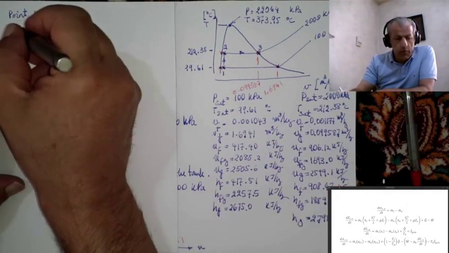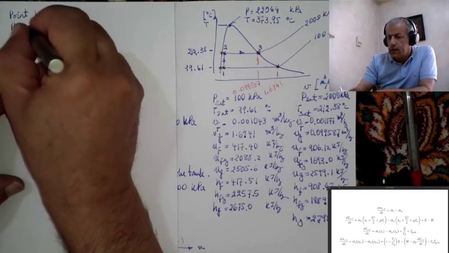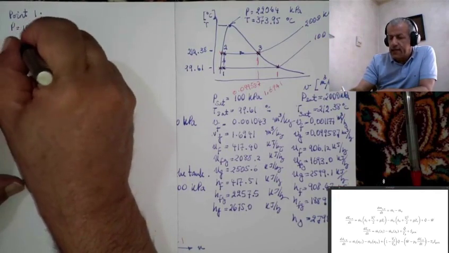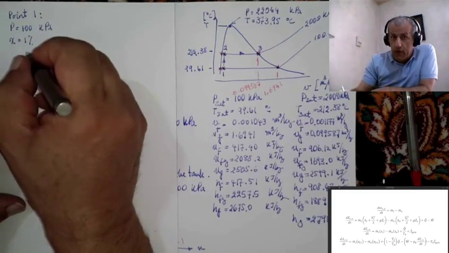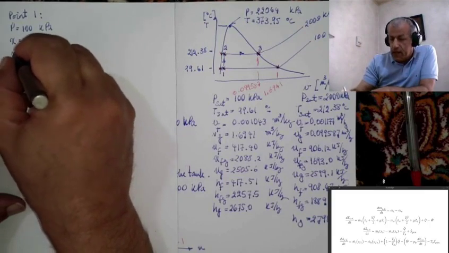What we know about point 1 is that P equals 100 kilopascals and x equals 1%. And therefore, we calculate its properties like v1.